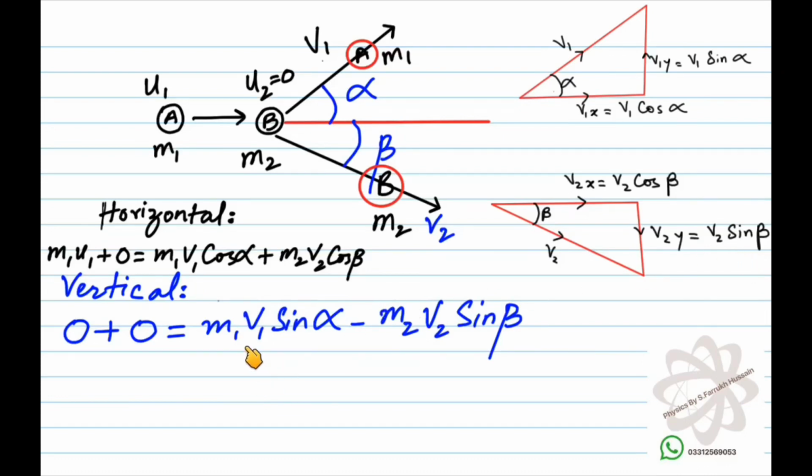So the momentum of object A after collision vertically will be m1 v1 sin alpha, and for object B it will be negative m2 v2 sin beta, and the negative sign is because the objects are moving in opposite directions. So this is what you will do when there is a case of projectile momentum.